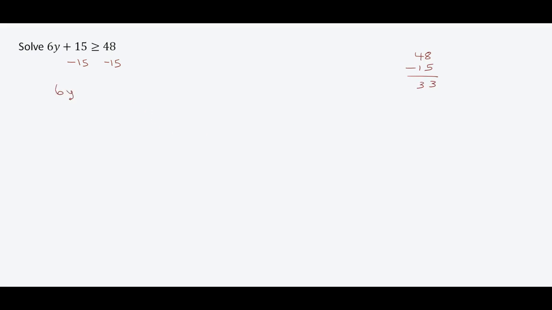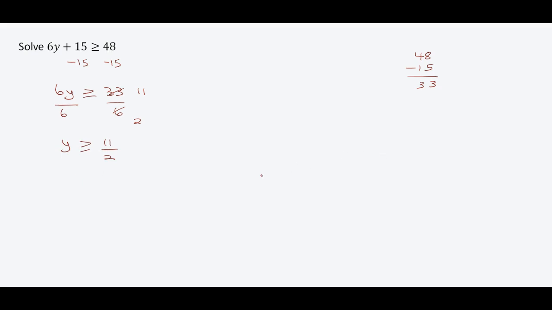So 6y is greater than or equal to 33. So you divide both sides by 6. You have 33 divided by 6. Let's look at that. We have divided by 3. So y is greater than or equal to 11 over 2.